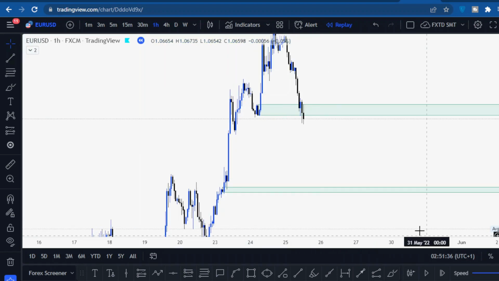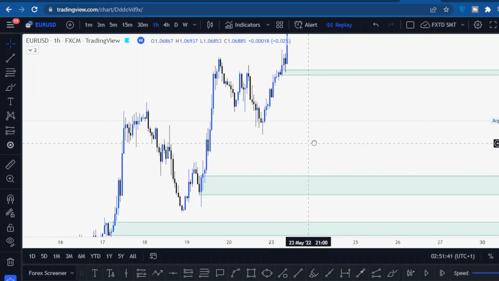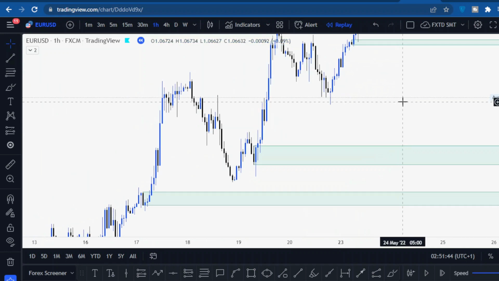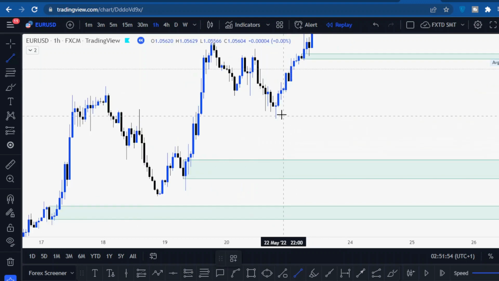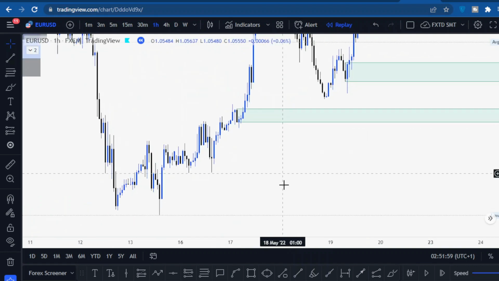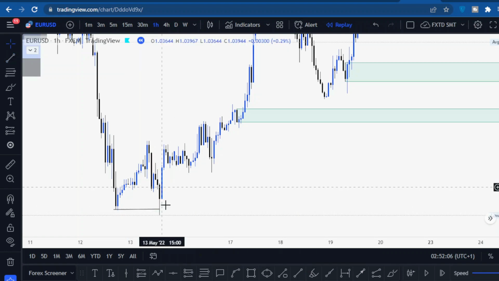Now, like I said, you don't have to take all of this blindly, okay? Ensure that you know what you are doing. Now, one of the ways you can know is to ensure that the level takes out liquidity. For instance, this would be a good zone because there was a liquidity takeout here, and this would be a better level, the reason is this is the initial source of this massive push up.